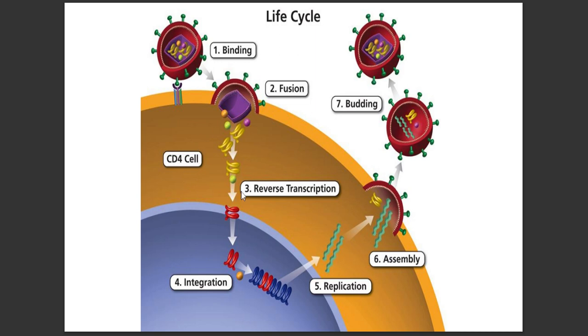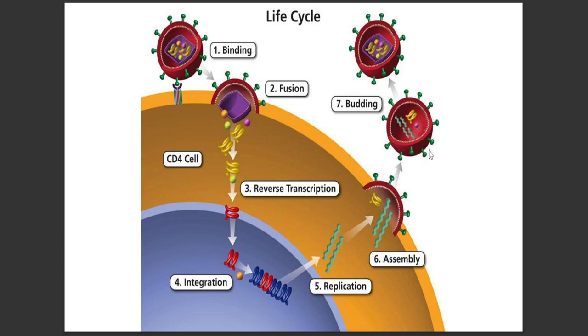Remember also the protease that is part of the HIV. The protease is going to make sure that proteins are formed. And when that happens, this is going to be assembled. Again, the cell membrane of the host, when the viral DNA reaches that point, is going to bud off in what is exocytosis.